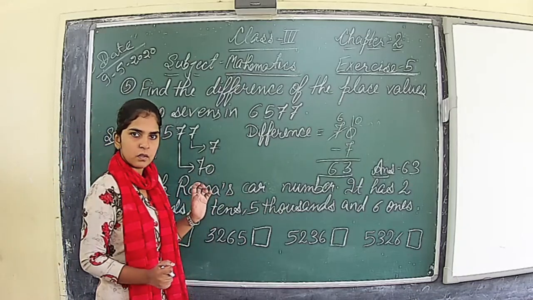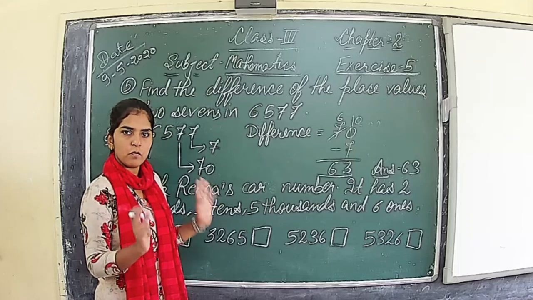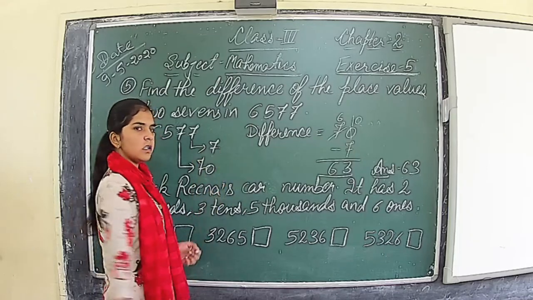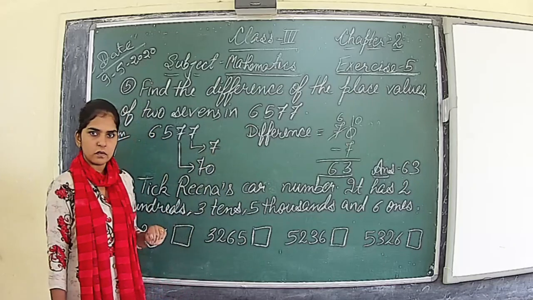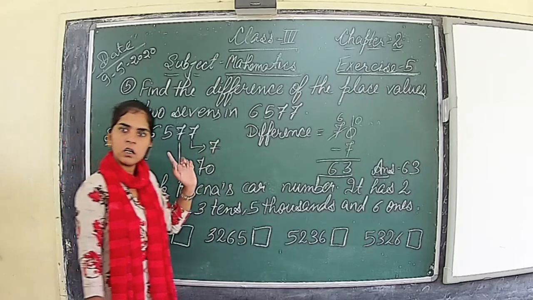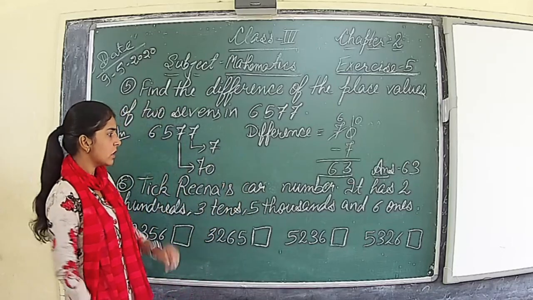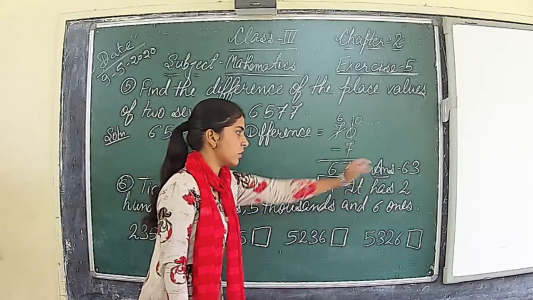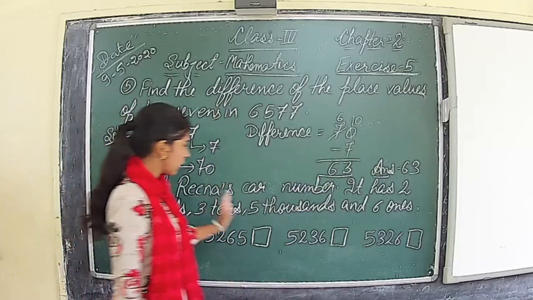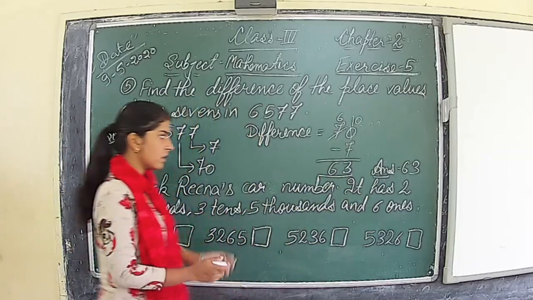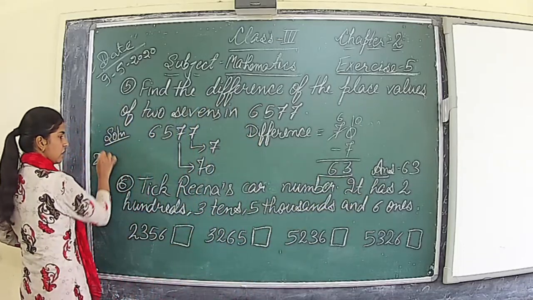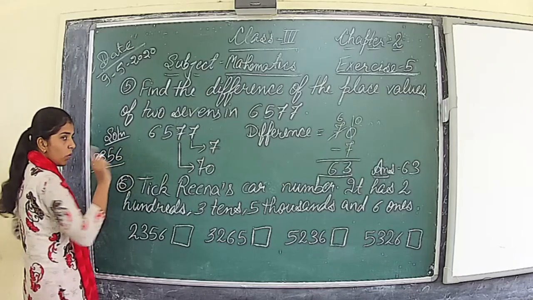After 1, which place comes? 10, right? After 10, 100. After 100, 1,000. You will not see the number like first one is 2, second one is 3, third one is 5, fourth one is 6. So you will not write the answer like this.